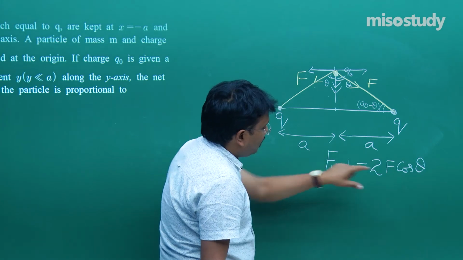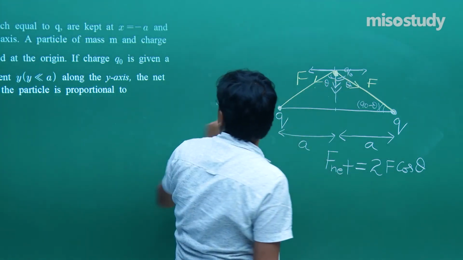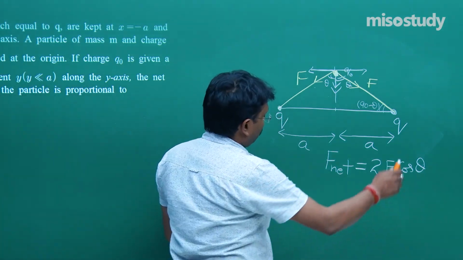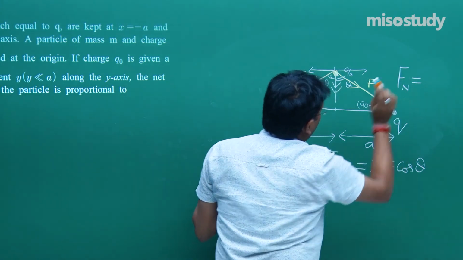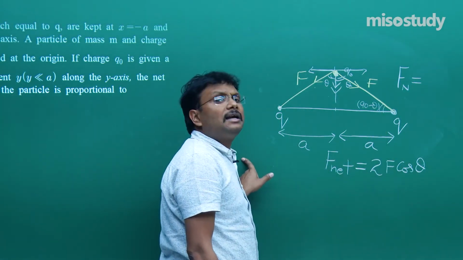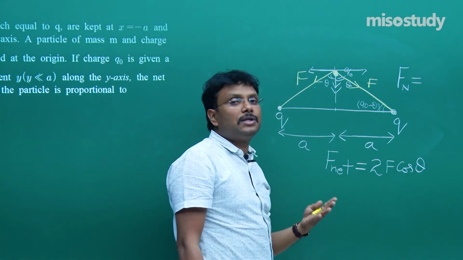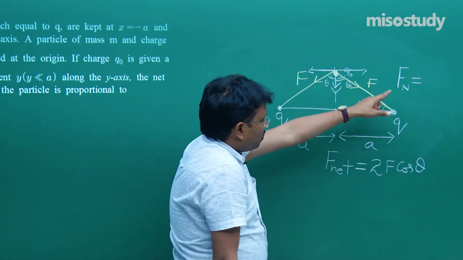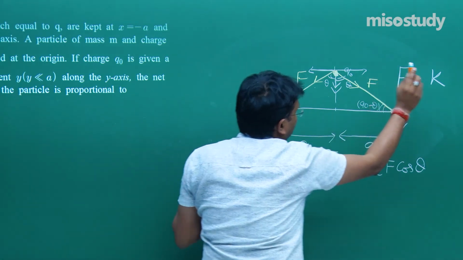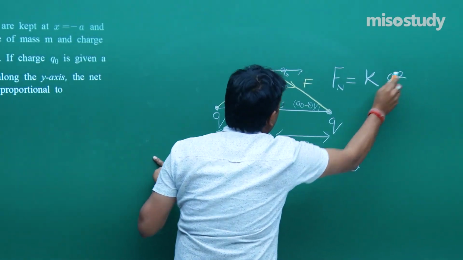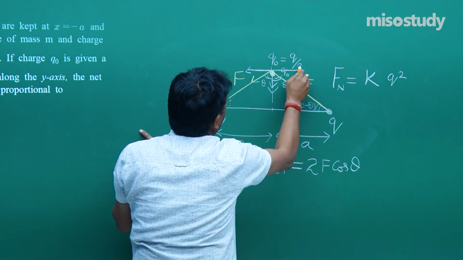Fine. So over here if I put the values, Q1 is Q and Q2 is Q by 2, because it is given in the problem. So finally, what I will get for F net: I am avoiding writing the exact Coulomb's formula, because even in this discussion I have used that formula thrice. Fine, basic formula. So directly you will get K, which is 1 over 4 pi epsilon naught, Q square, because Q0 itself is equal to Q by 2, given in the problem.